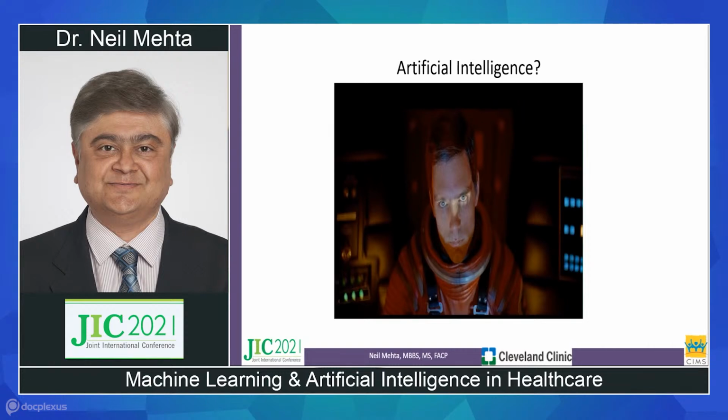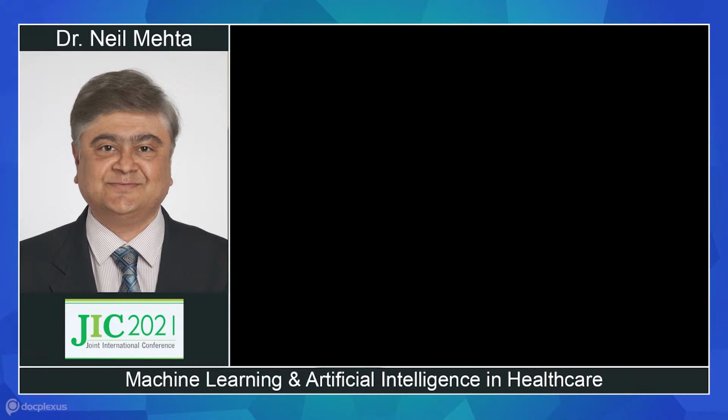This video from 2001: A Space Odyssey describes a computer that has free will and consciousness and is almost exactly behaving like a human being. This is called broad artificial intelligence, and we are nowhere near being able to program at this level.